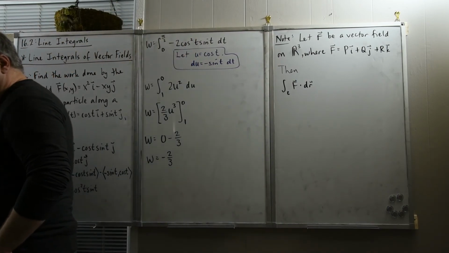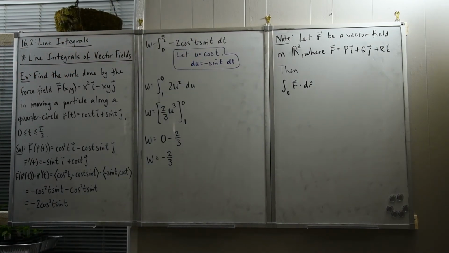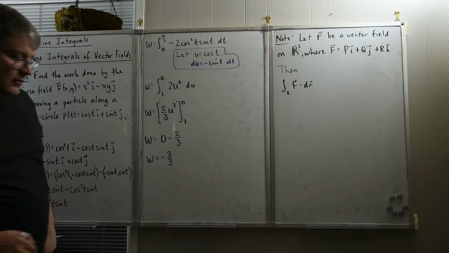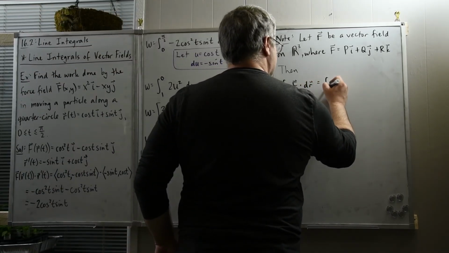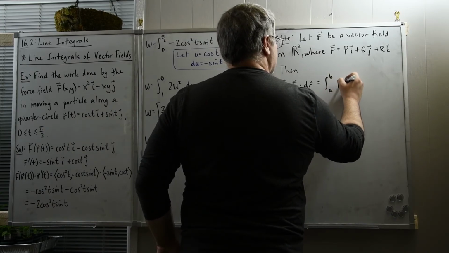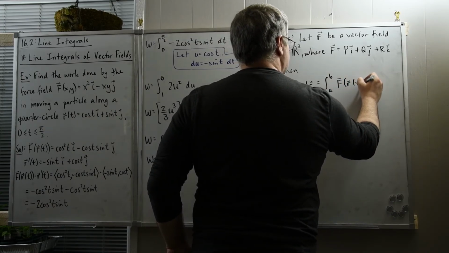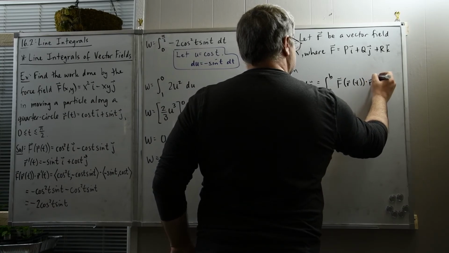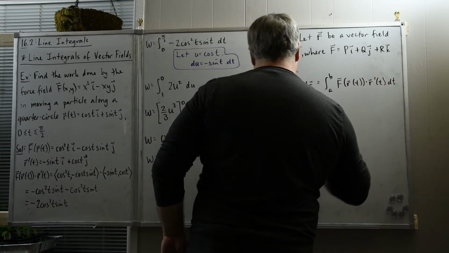So if we were to take a look at this line integral of F along C, remember we saw that that's equal to the integral from a to b of F of r of t dot with r prime of t dt.